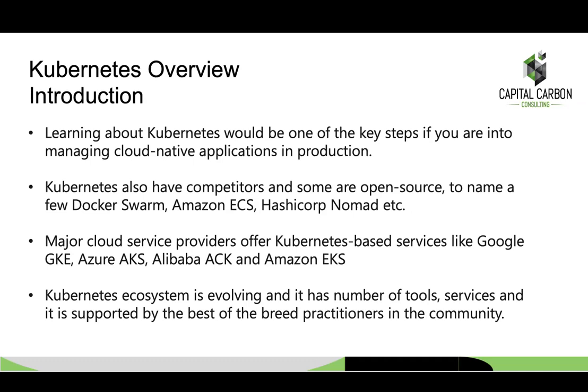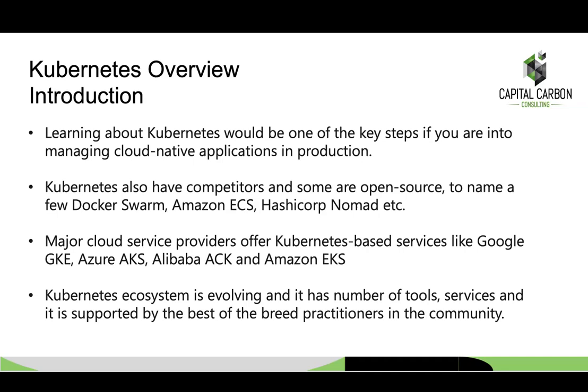Some are open source, to name a few: Docker Swarm, Amazon ECS, HashiCorp Nomad, etc. Major cloud service providers offer Kubernetes-based services like Google's GKE, Azure's AKS, Alibaba's ACK, and Amazon's EKS. We will talk in a little more detail about these in the advanced modules.